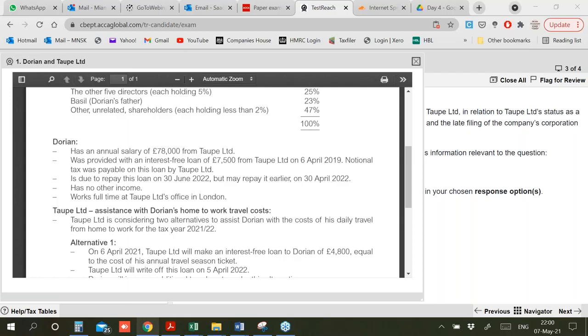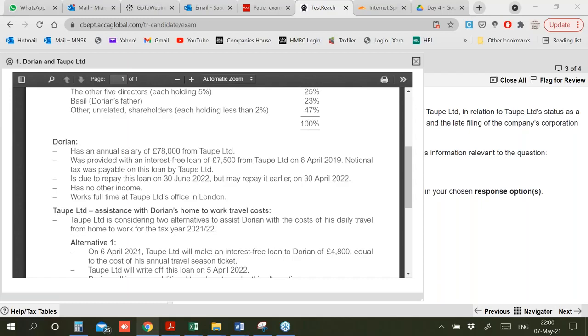Now you tell me, are both of the conditions fulfilled here or not?